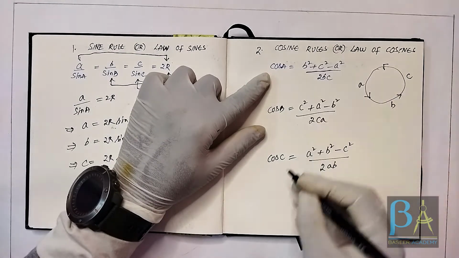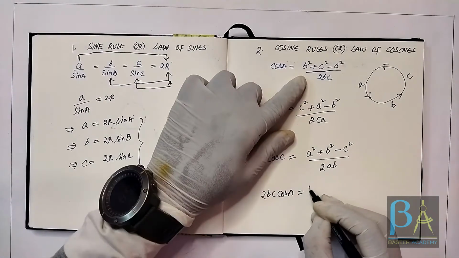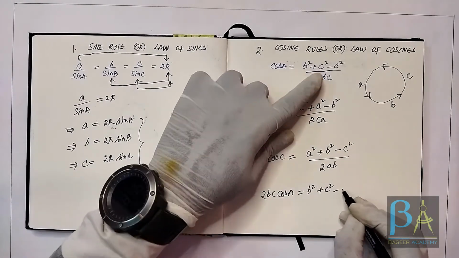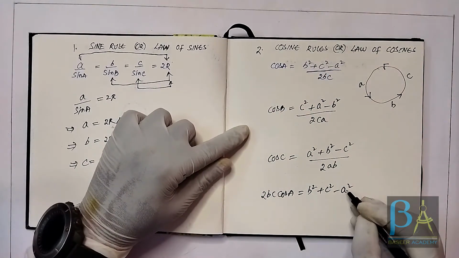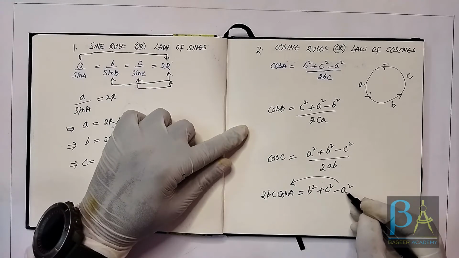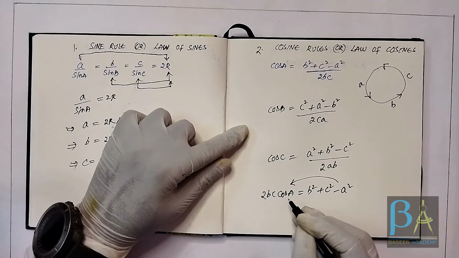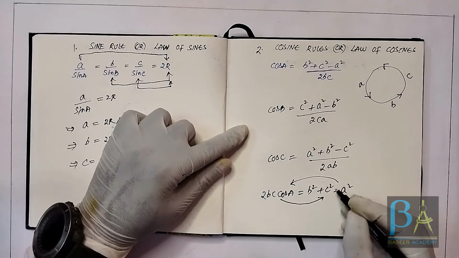So 2bc cos A is equal to b square plus c square minus a square, isn't it? Now I would like to find the value of a square, so I want to make it positive. If I transpose minus a square to the left hand side, it becomes positive a square, and 2bc cos A, if I take it to the right hand side, becomes minus 2bc cos A.